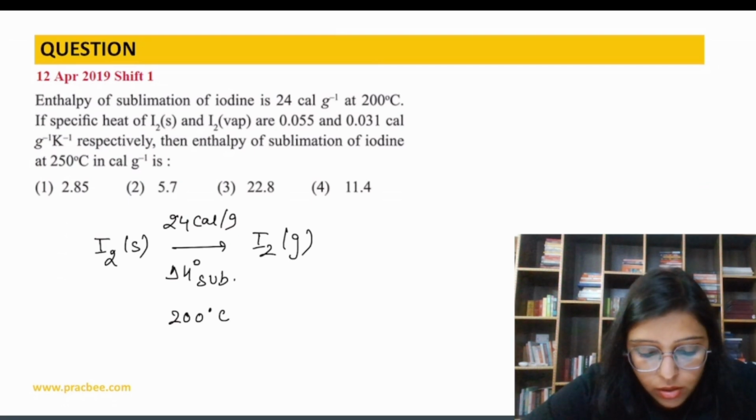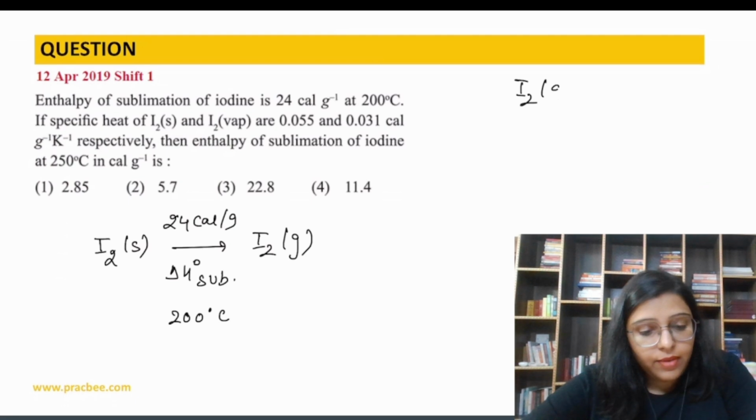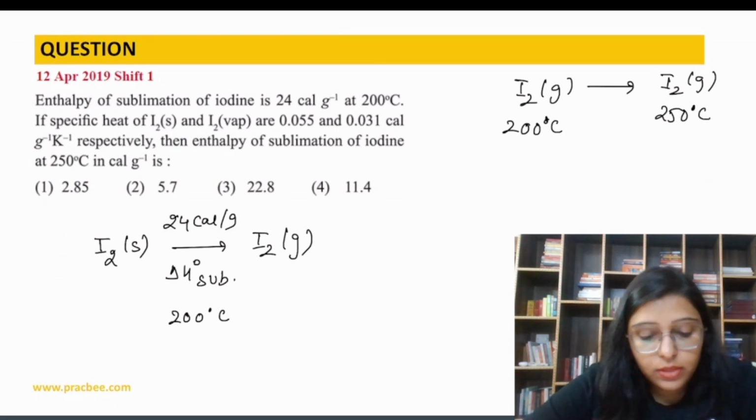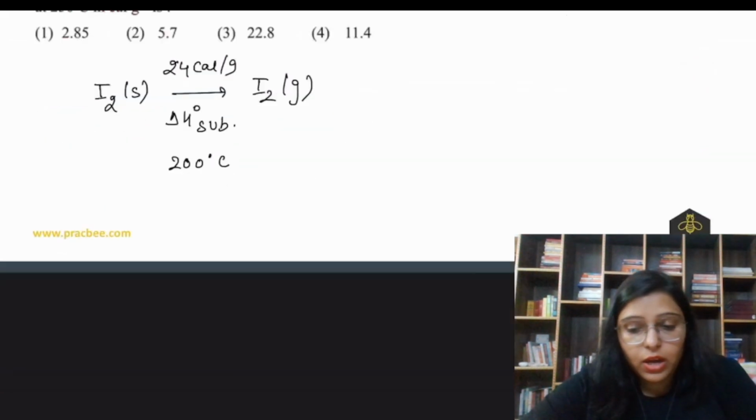So we have I2 gas at 250 degrees Celsius. Okay, fine. So how to solve this? We have to find the enthalpy of sublimation of iodine at 250 degrees Celsius. Here we are going to use Kirchhoff's equation. How?